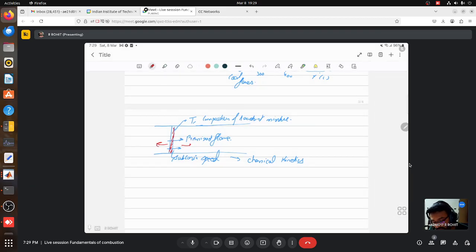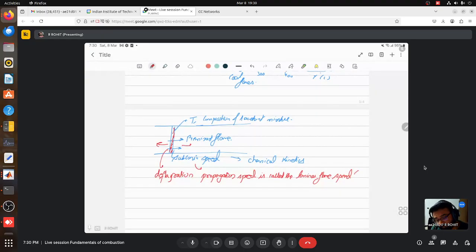This process is called deflagration, and the propagation speed is called the laminar flame speed, represented mostly by SL.